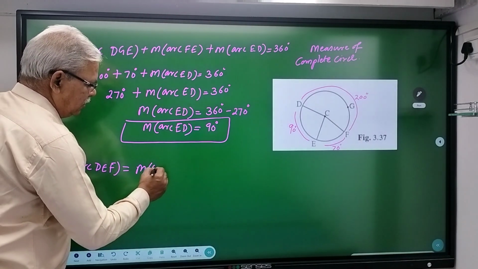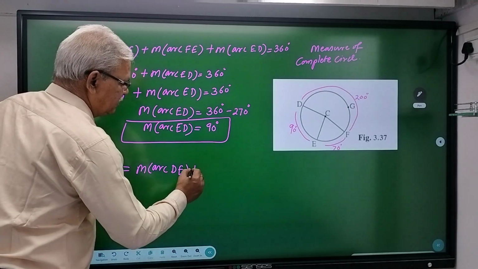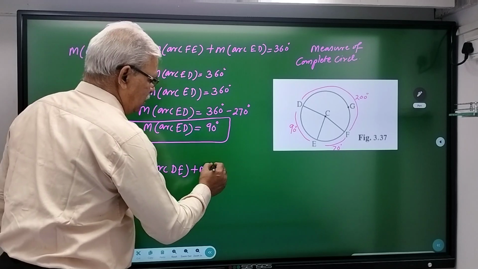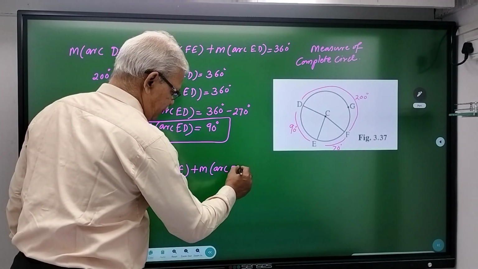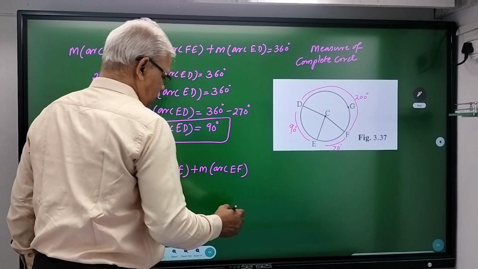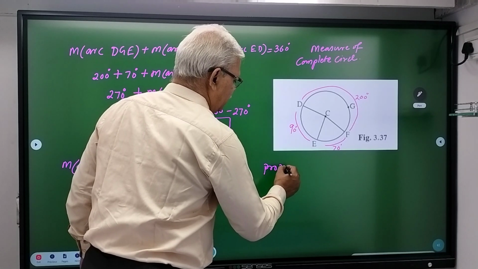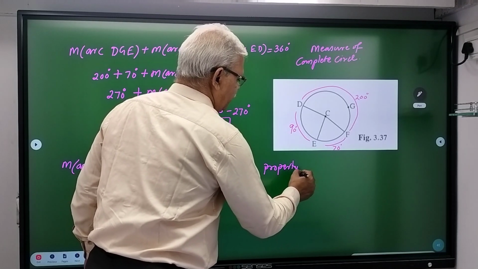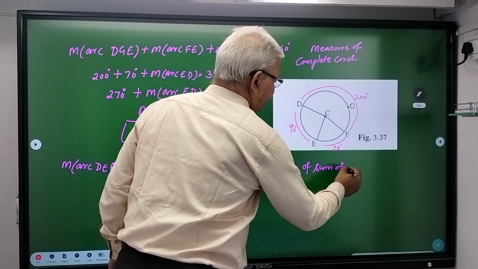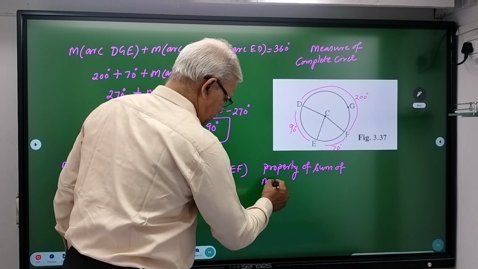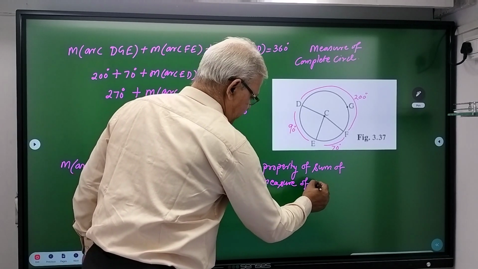Measure of arc DE plus measure of arc EF. Okay. Here it's from the property of sum of measures of arcs.